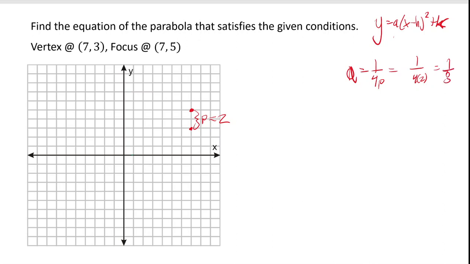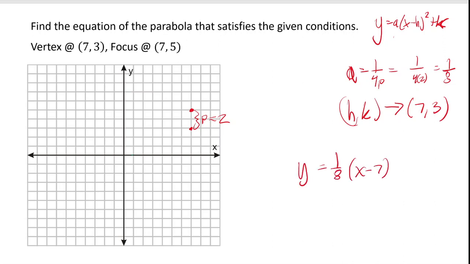So if a is 1/8, I now just need the vertex, and the vertex is already given to me as 7, 3, right? So h, k is 7, 3. And I just write my equation out. y is equal to 1/8 times (x minus 7) quantity squared plus 3. And I'm all done. Now, it's really not a lot more complicated than that.